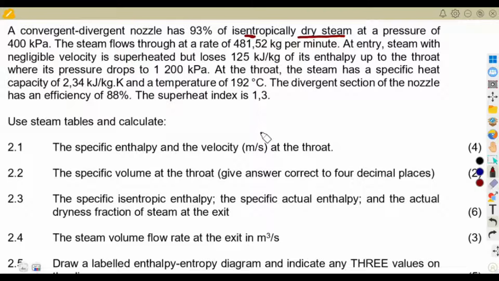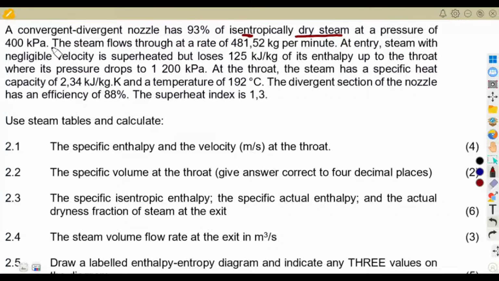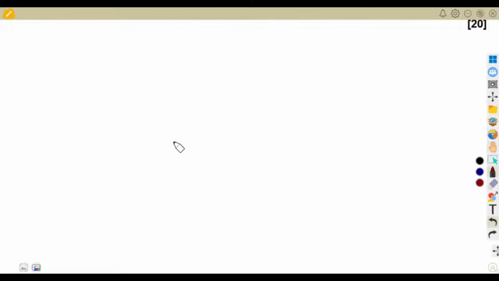Before we talk about the nozzle on its own, we have to understand the properties of steam. So I'm going to explain and also recap our N5 as well. Take note, it's a convergent divergent nozzle, which is the most common case in your syllabus.